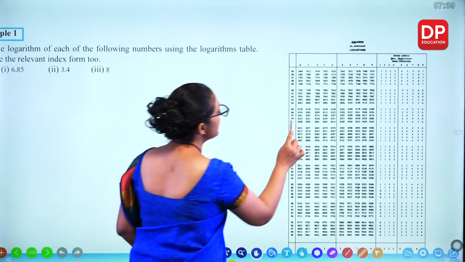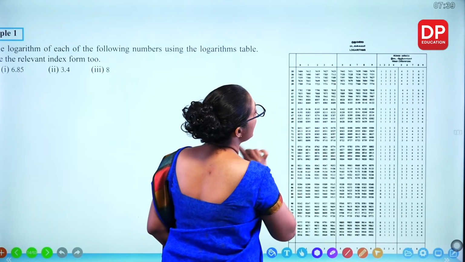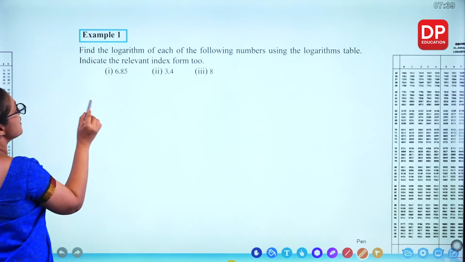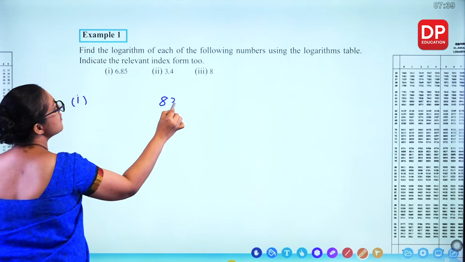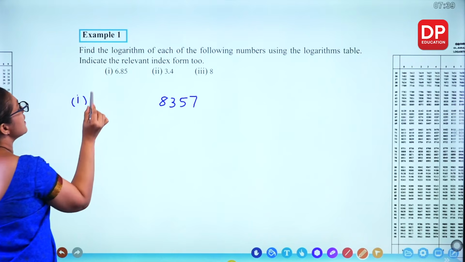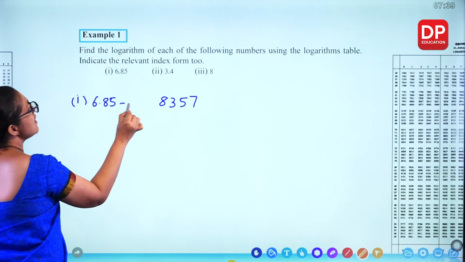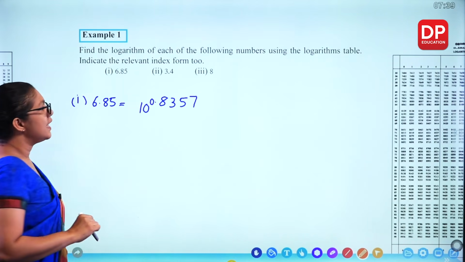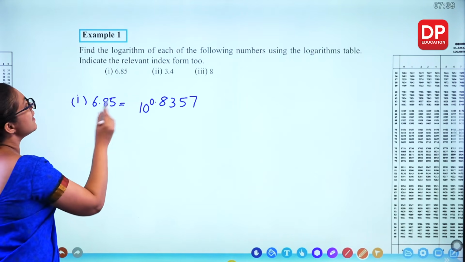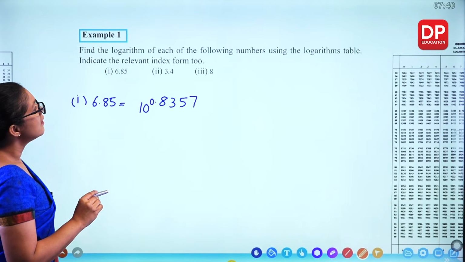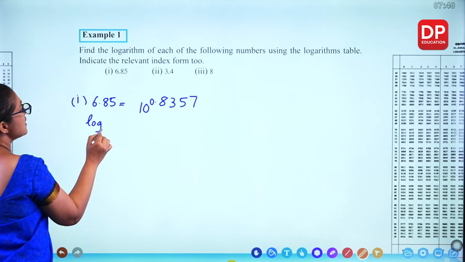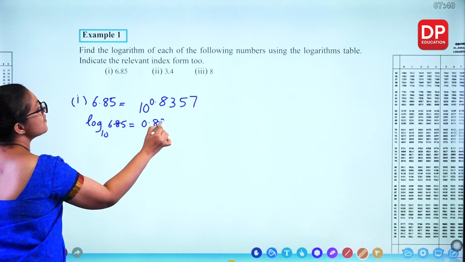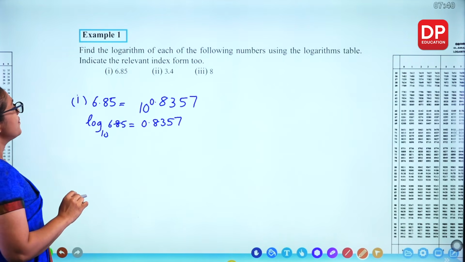So 68.5 gives 8357. Here 6.85 is equal to 10 to the power 0.8357. Then they want the logarithmic value. Log base 10 of 6.85 is 0.8357.